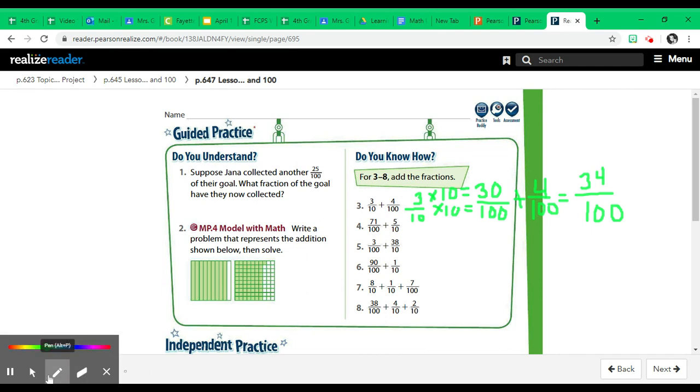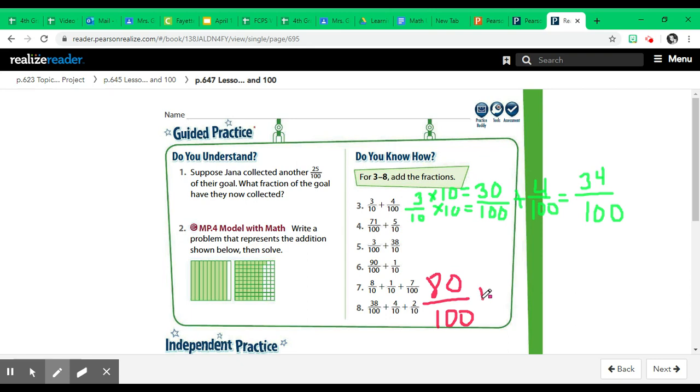So you're not going to change anything as you're working through this. All you're going to do is instead of converting 1, you're going to convert 2. I know 8 times 10 is 80. I know 1 times 10 is 10.